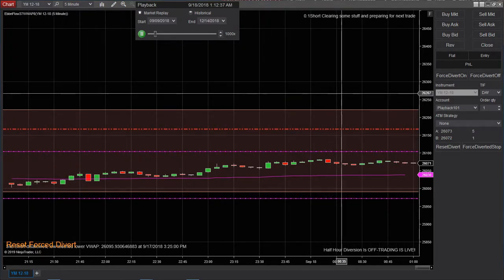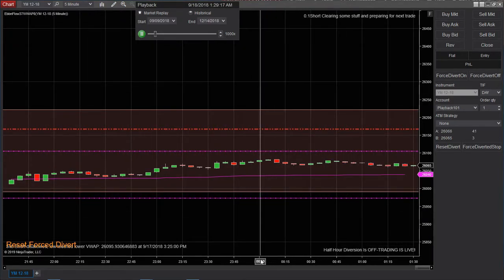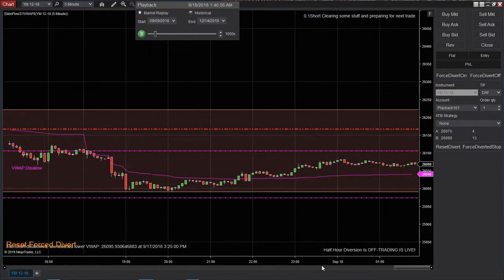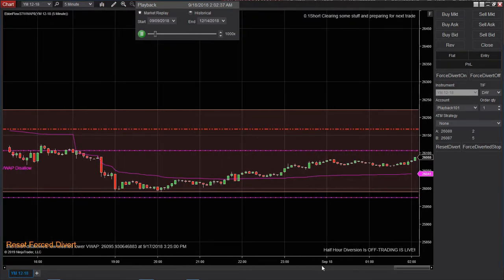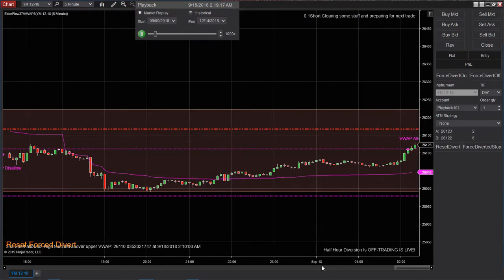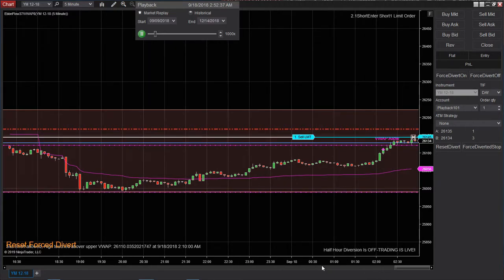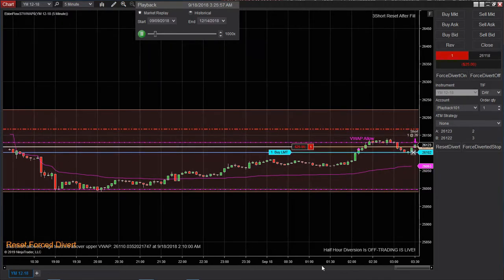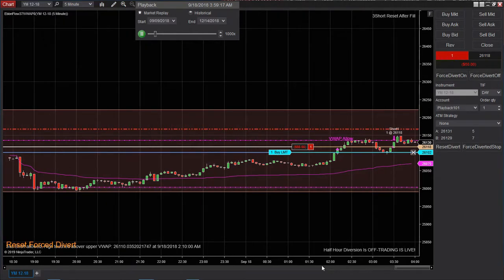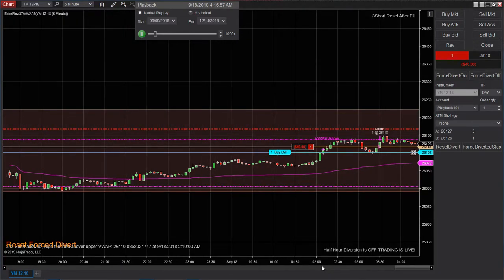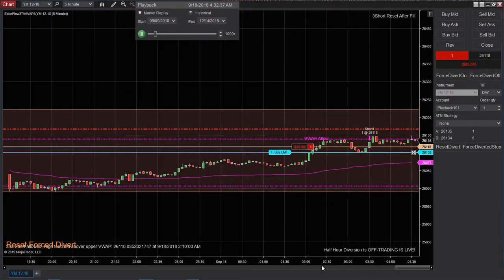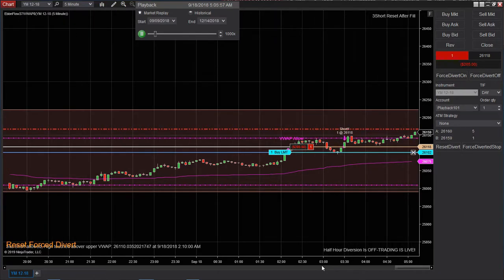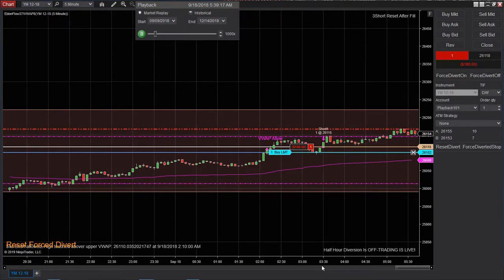Speed it up a little more here. Sometimes with these new beta settings, we may find that we go through periods of time where nothing's happening. All right, now there we got a VWAP allow, and see, now it's going to take a trade. It may or may not be a good one, but it didn't have a lot of risk.